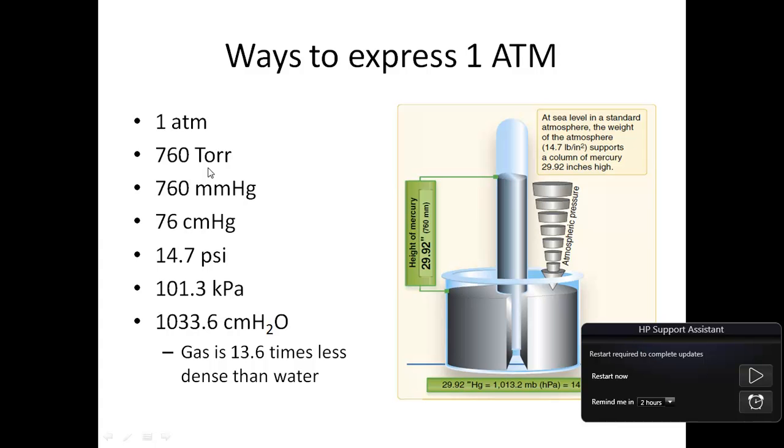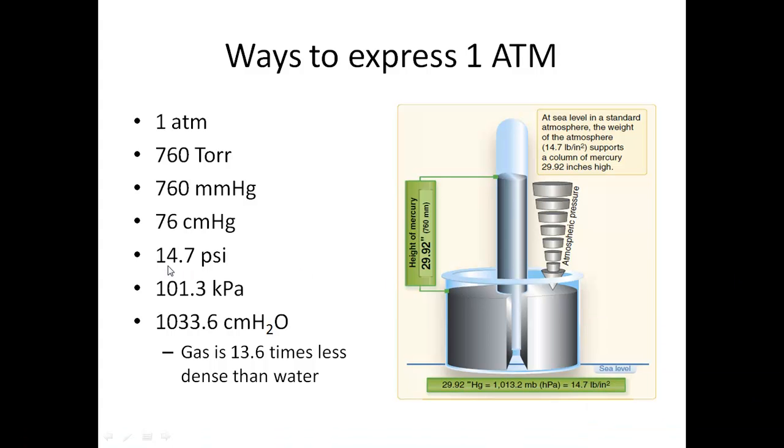760 torr is the average barometric pressure at sea level. Torr is interchangeable with millimeters of mercury. And then another measurement commonly used in respiratory care is centimeters of water pressure.